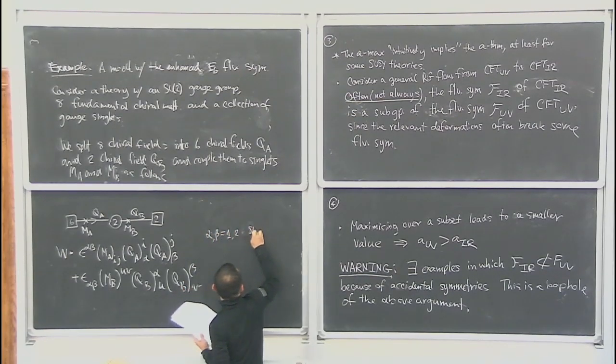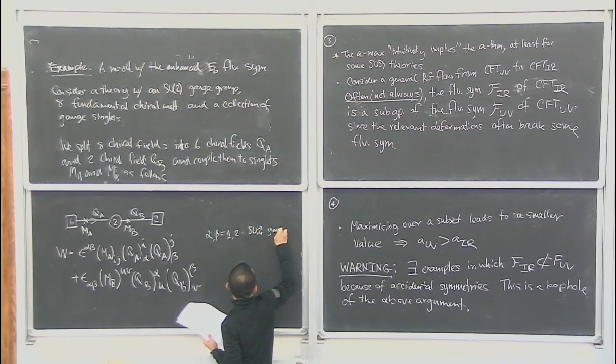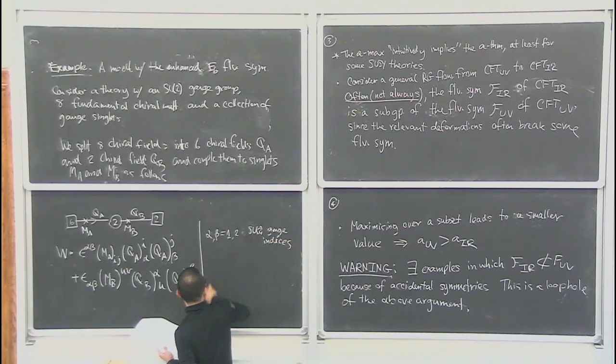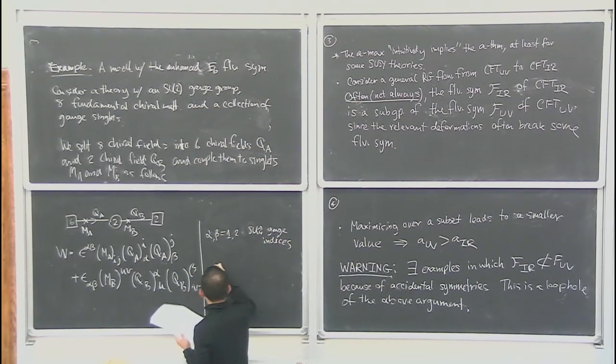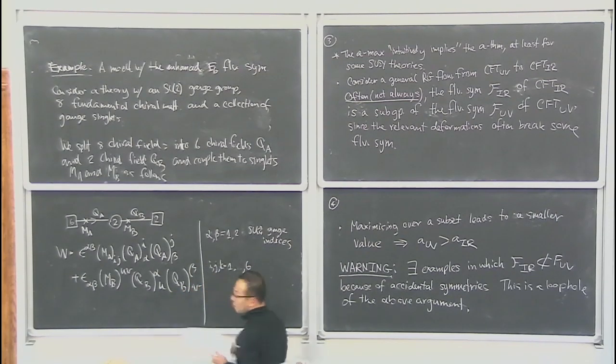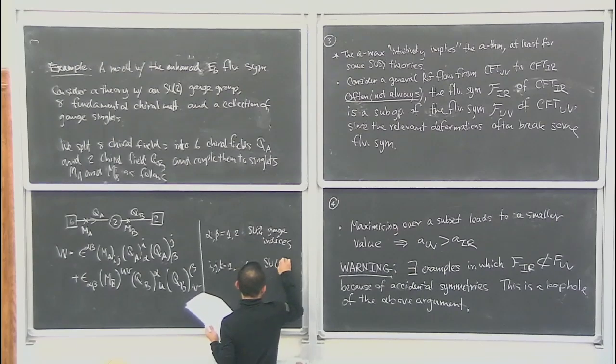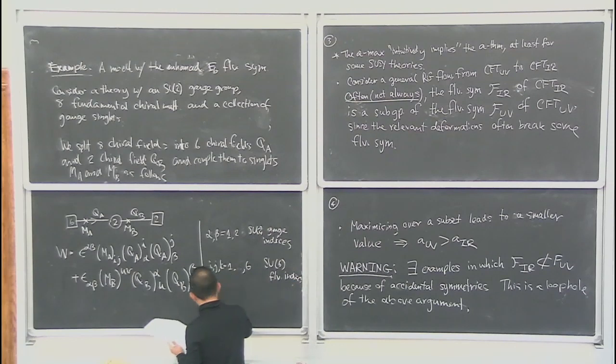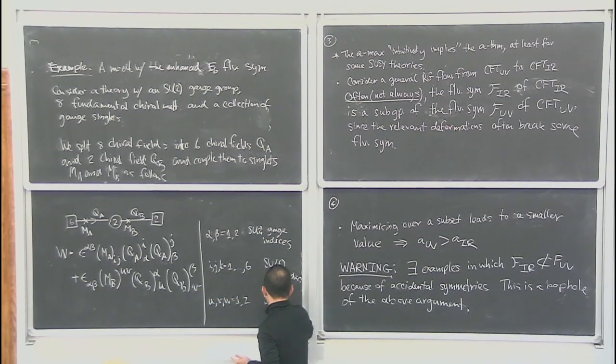These are SU2 gauge indices. IJK will run from 1 to 6. These are SU6 flavor indices. And I will use UVW from 1 to 2. These are SU2 flavor indices.